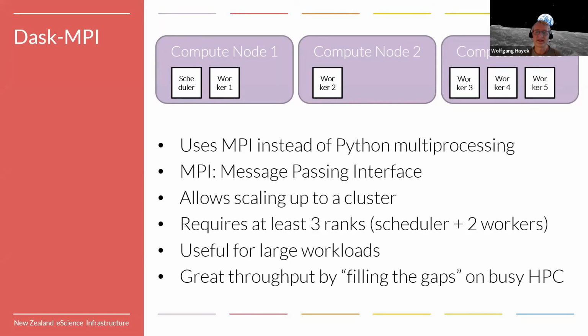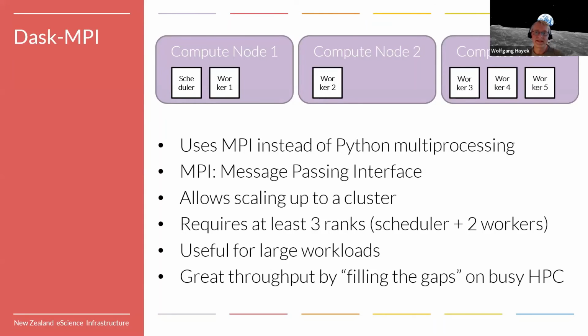And then you have at least 1 other worker that does the heavy lifting. And from there, you can scale up. You can have 1,000 workers or 10,000 workers if you like. So it's mainly geared at very large workflows, so that you don't suffer from having to spend at least 2 cores on things that don't do very much, meaning the scheduler and the first worker.